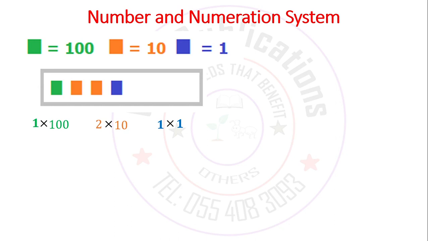So the figure there represents 121. We already know. How did we get that? That is what we are going to arrive at. So we have 1 times 100, 2 times 10, and 1 times 1. So from left to right, we are going to have 100, 20, then 1.